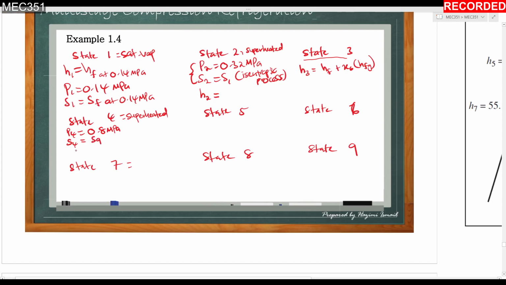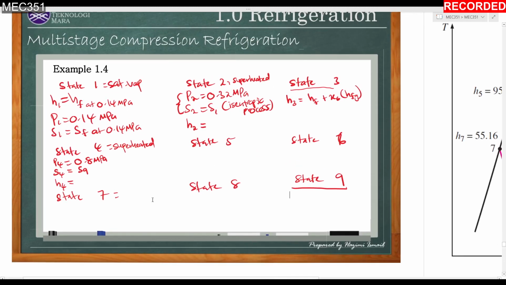So you have to get the value of entropy 4 first before you can find the value of enthalpy. To get entropy 4, you have to finish state 9 first. Okay, let's KIV it first. We complete it step by step, state by state.